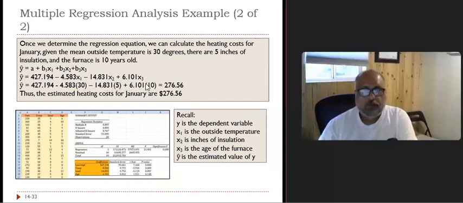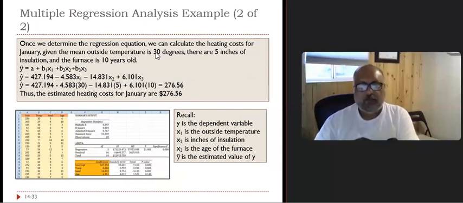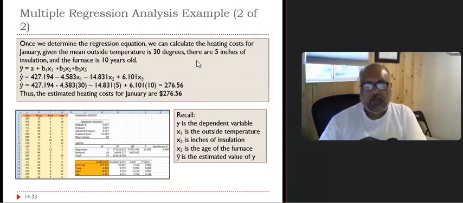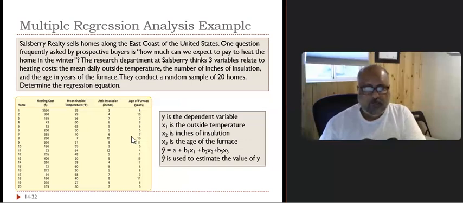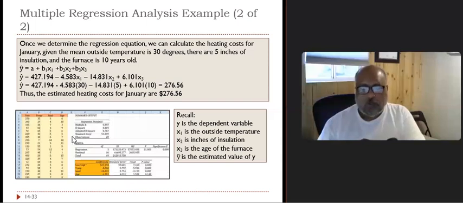So we can be given any values of x1, x2, x3. Say in this case, we are given January. We look at the data here, the month of January. Let's say we have an outside temperature of 30 degrees, 5 inches of insulation, and the furnace is 10 years old.